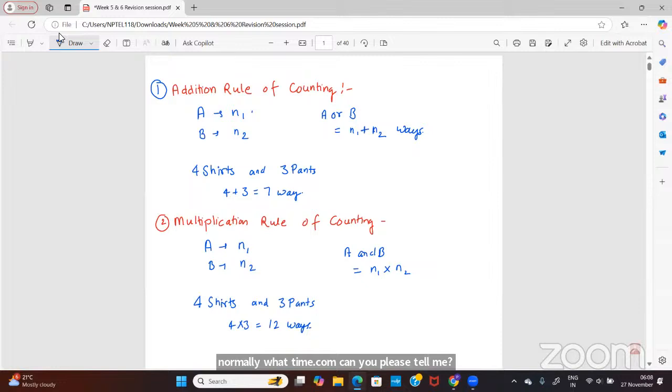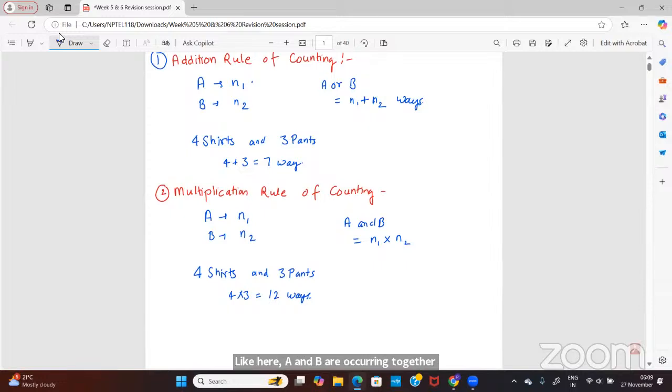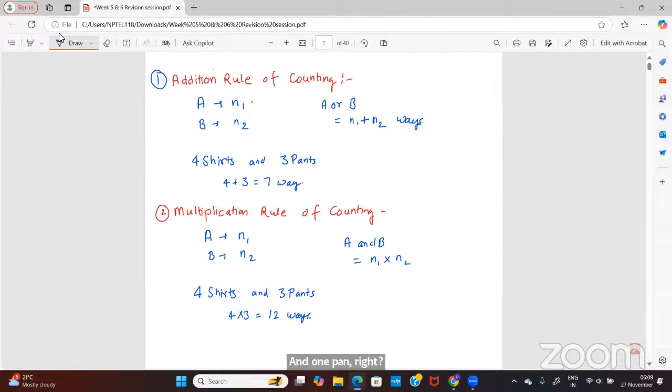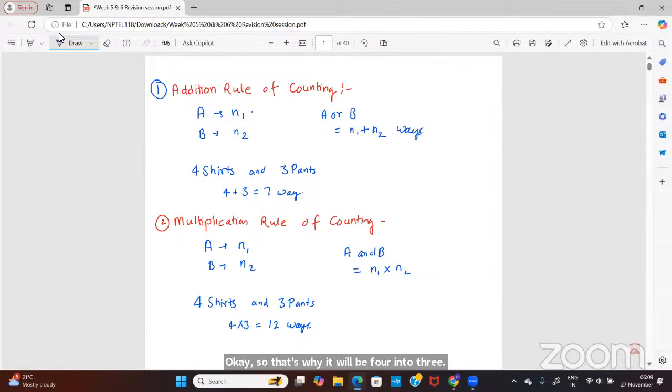So you can understand like this. Like here, A and B are occurring together, right? Here we have to select one shirt and one pant, right? So both the things we have to select together. Okay, so that's why it will be 4 into 3. And here we have to select either a shirt or a pant. Okay, so we have to select only one thing at a time, right?